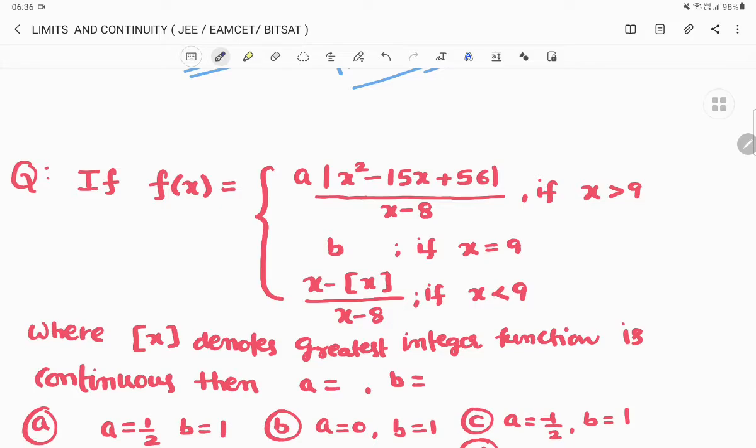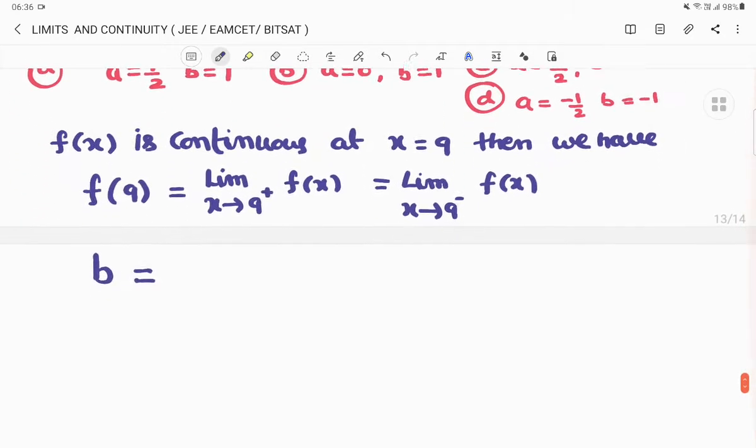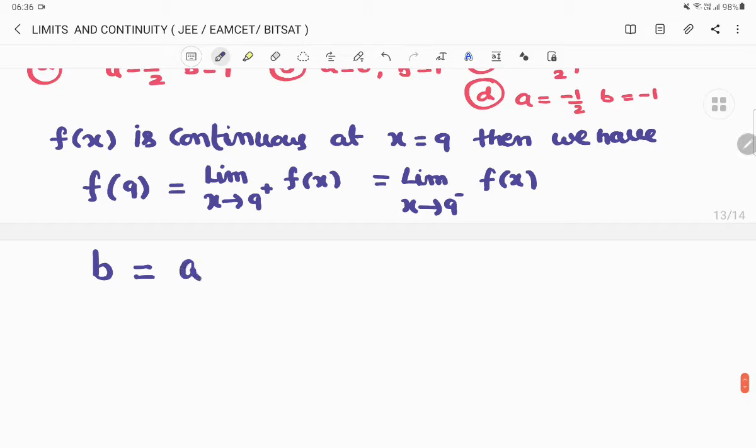So in place of f of x, you have to write a into mod x square minus 15x plus 56 by x minus 8. Before that you need to write the limit also.